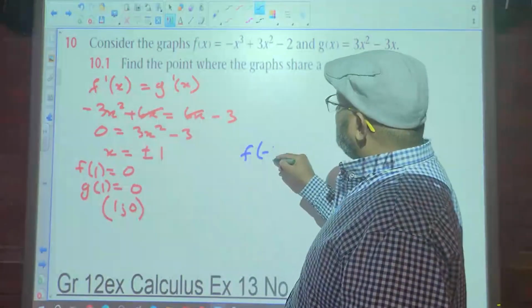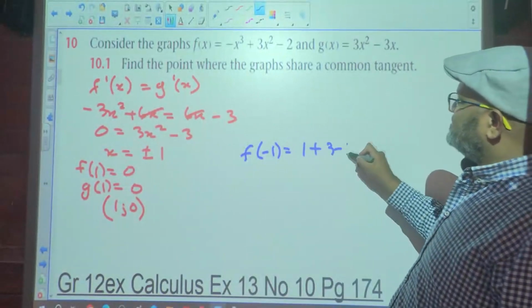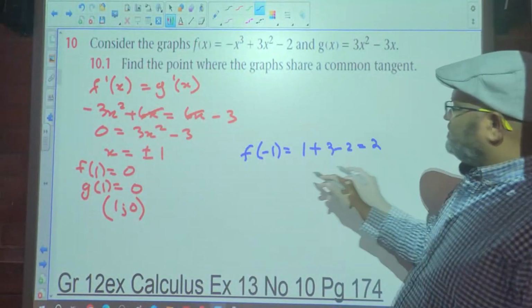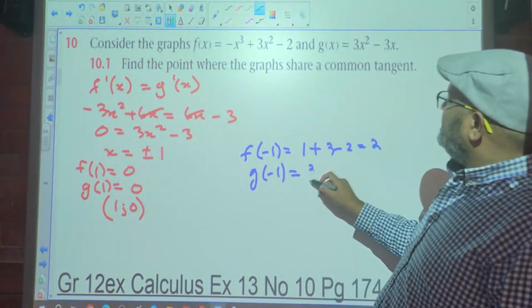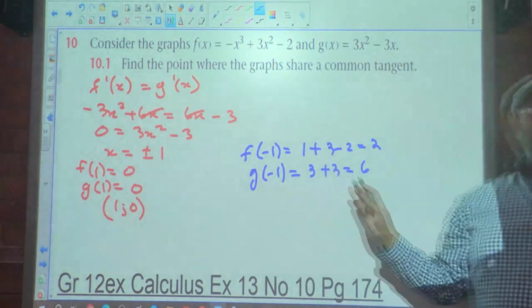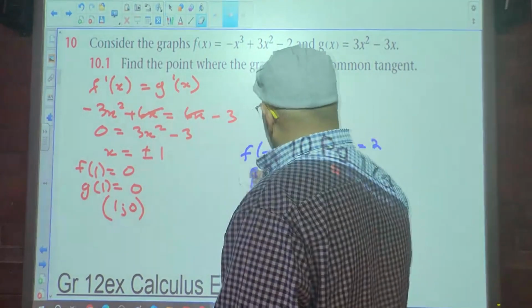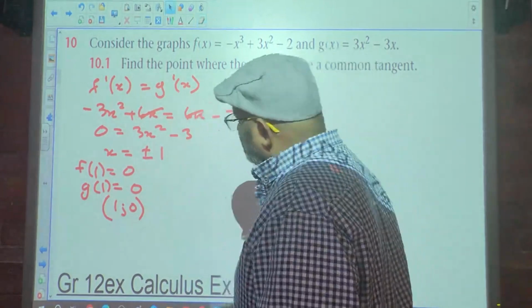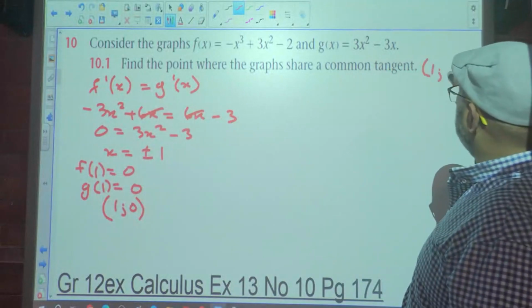F of minus 1, if I put negative 1 in here, I'm going to get positive 1, plus 3 minus 2, which gives an answer of 2. And g of negative 1 is equal to 3 plus 3, which is 6. And they have omitted this again, I'm sure. No? Let's check there. So the point of contact is of course going to be at 1 and 0.